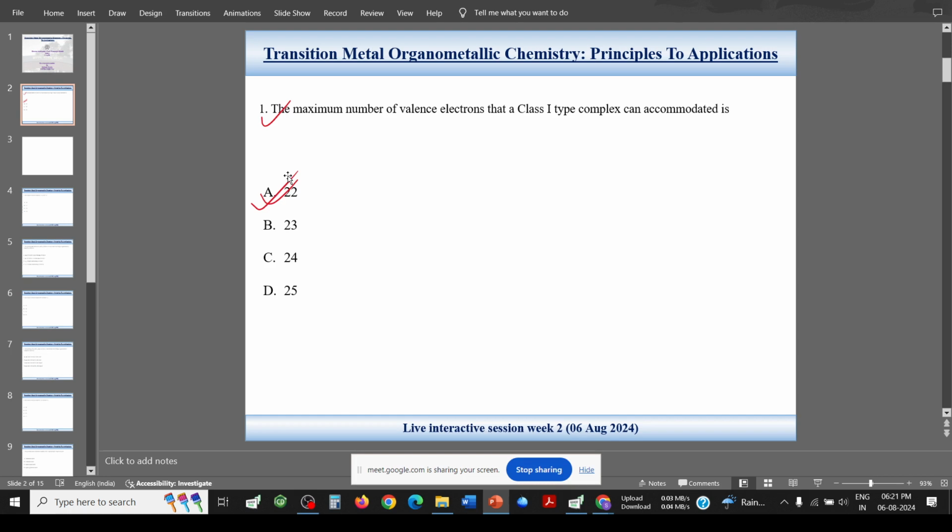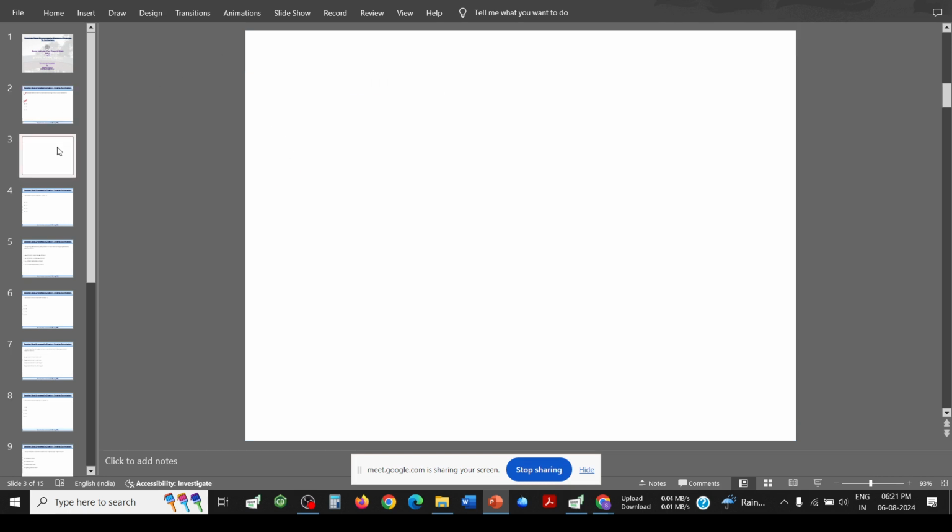Okay, should I discuss the MO diagram? Yes, sir. Okay, so for our metal orbitals we have 5 d orbitals, 1 s orbital and 3 p orbitals, and 6 orbitals from the ligand.